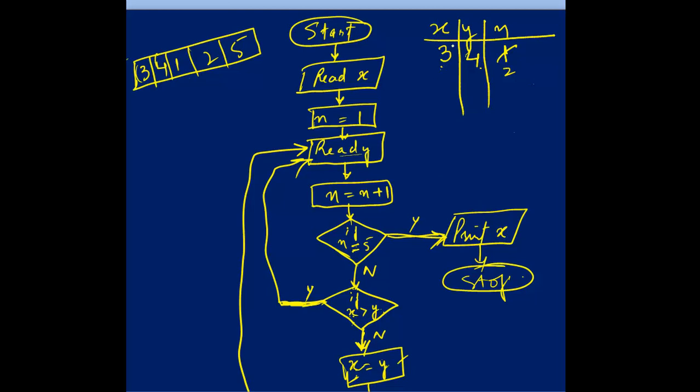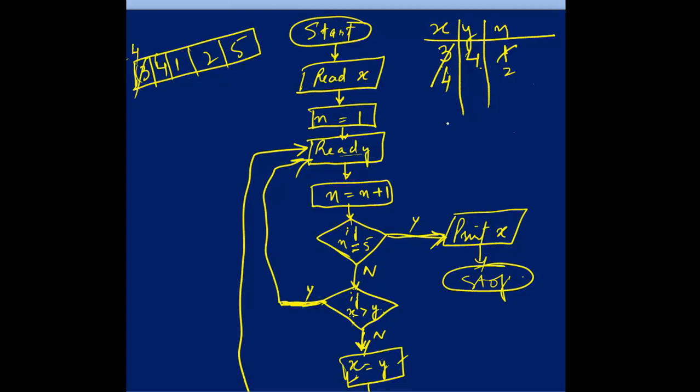So x will become 4, as it was not greater. I have written here x is equal to y, so whatever the value of y is, it gets assigned to x. So x will become 4.